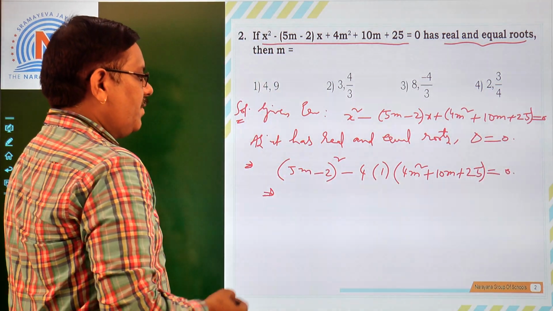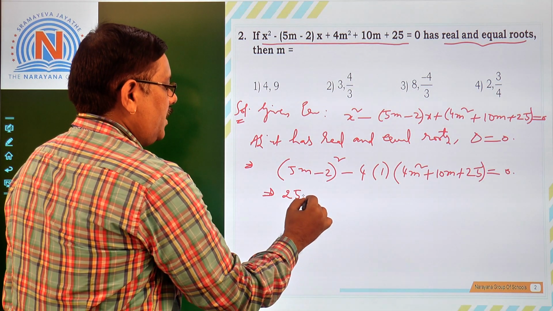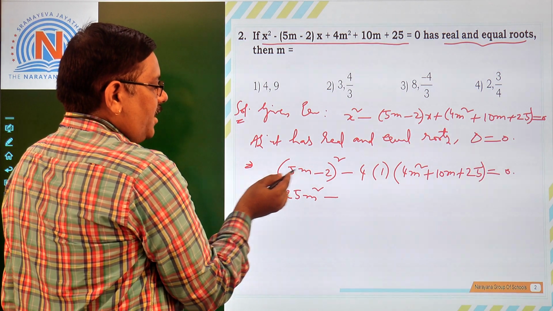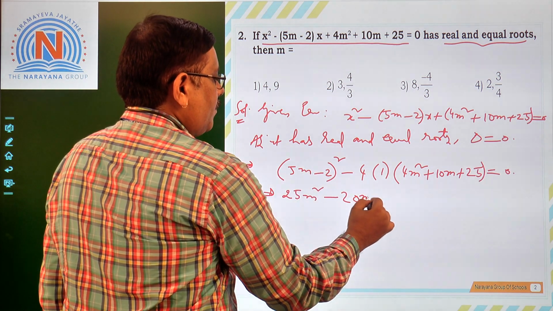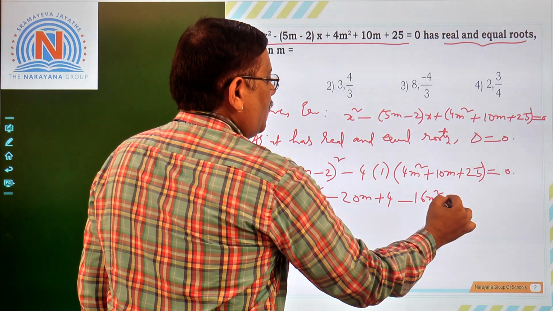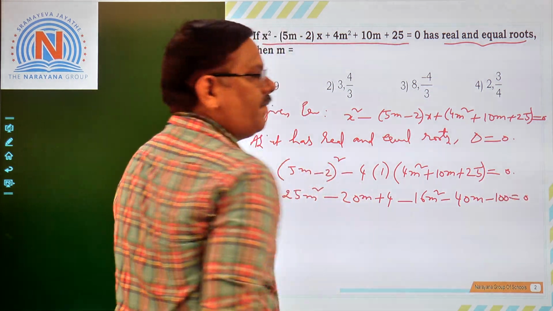So if you simplify further, it is in the form of a minus b whole square, that is 25m square minus 2ab, 2 into 5, 10, 10 into 2, 20m, plus b square, that is 4, minus 4 into 4m square, 16m square, minus 40m minus 100 is equal to 0. 4 into 25 is 100.